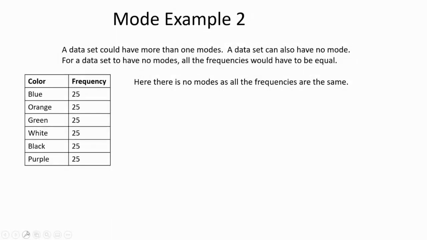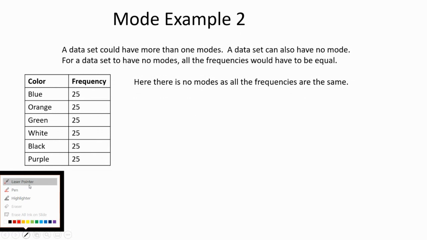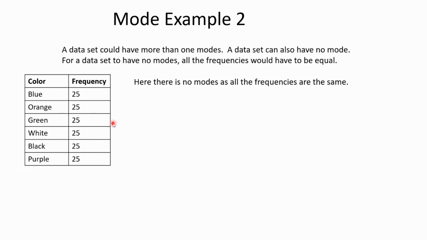All the colors happen to appear at the same frequency. In other words, all data values here appear equally often. So there's no mode. There's no data value that appears most often.